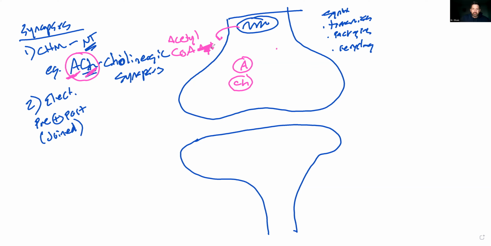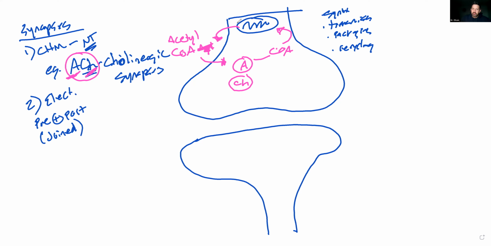Acetyl coenzyme A, a source from the mitochondria, can be a source for your acetyl. Acetyl CoA can be broken into acetyl and CoA, and then the CoA is recycled back into mitochondria.